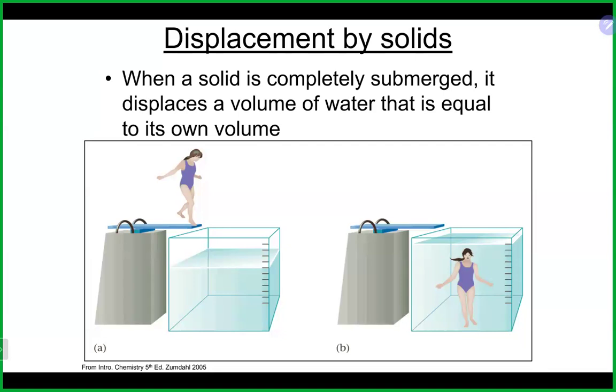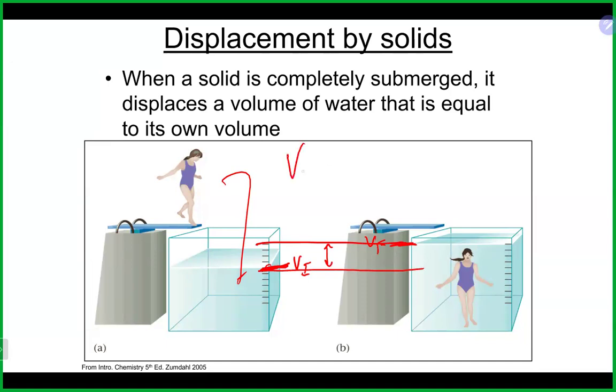As we can see here in this tank, before she jumps in, we have an initial volume of the water. After she goes for a dive, we will have the final volume of the water. And it is the difference between those two that's really the volume of the object, or her in this case, that jumped into the pool.